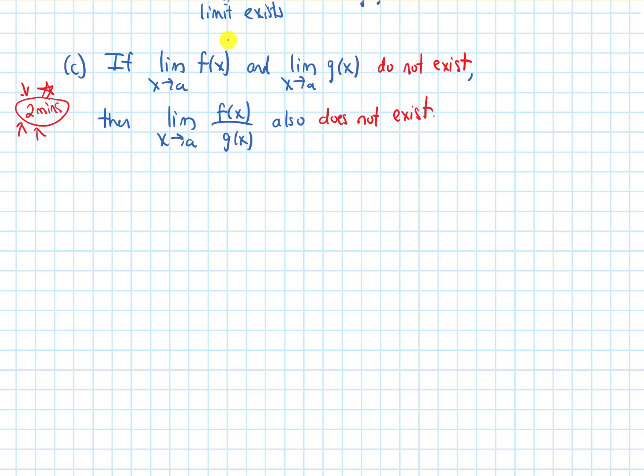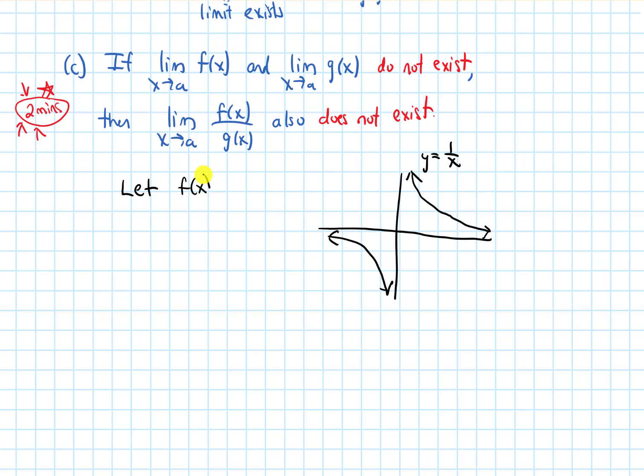So let's begin by thinking of some limits that we know that don't exist. And the classic example that I can think of is the graph of 1 over x. The graph of 1 over x is this hyperbola shape, and as x approaches 0, that limit definitely doesn't exist. So here's kind of a sneaky thing. What if we let f of x be that 1 over x function?